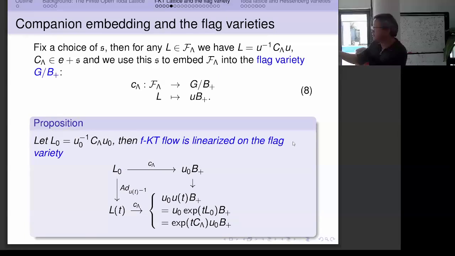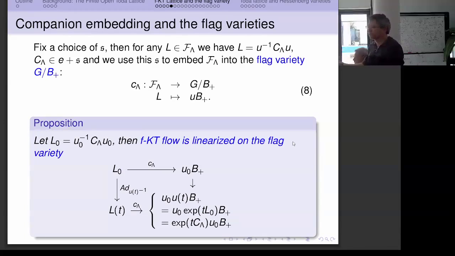And then we remember this lower unipotent matrix that we use to conjugate it to normal form, and that's U. So we have a map from L to U, and U is a point in this flag variety. Okay, and most of the time it's in the big cell. So now let's look at what we have done. We have the initial point L naught, and we can do this conjugation process, right?